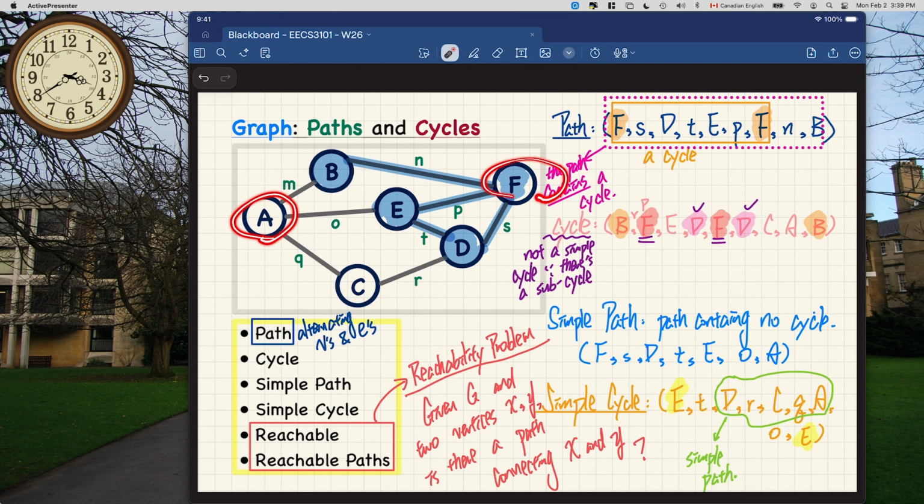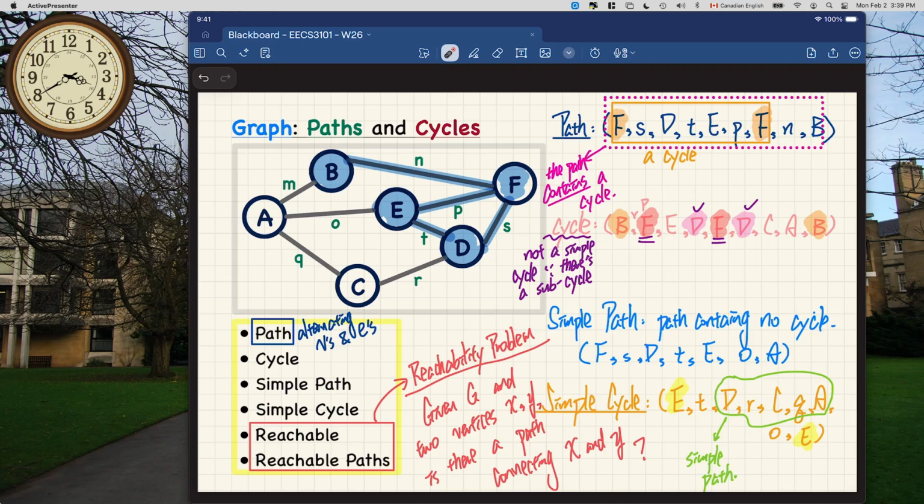Don't worry, I'll define what connected is, either today or Wednesday. If you choose A and E, they're reachable to each other. If you pick A and D, also reachable. As long as there's at least one path, they are reachable to each other.